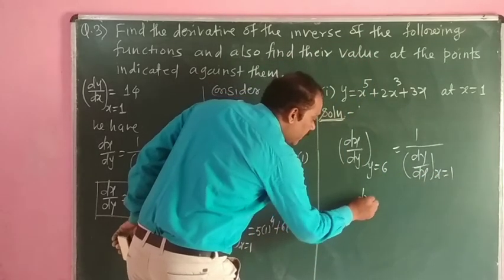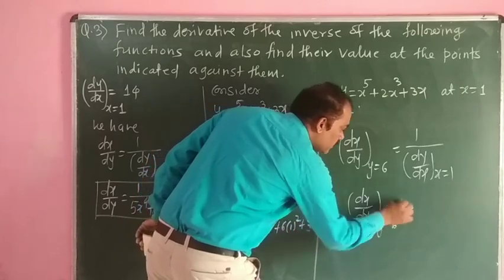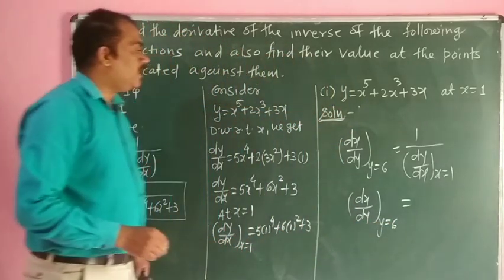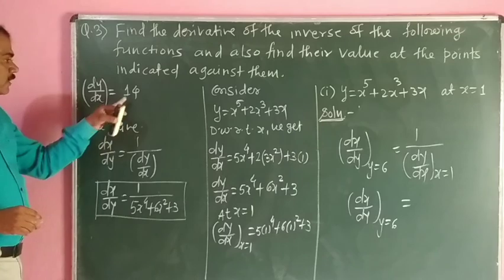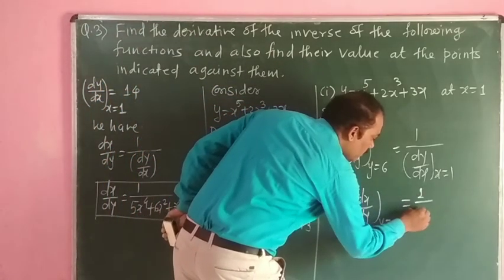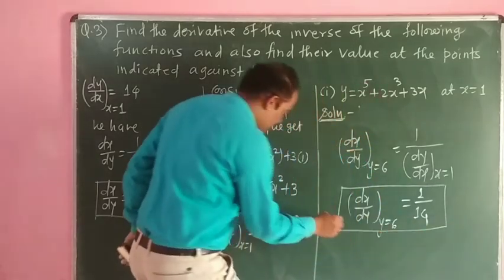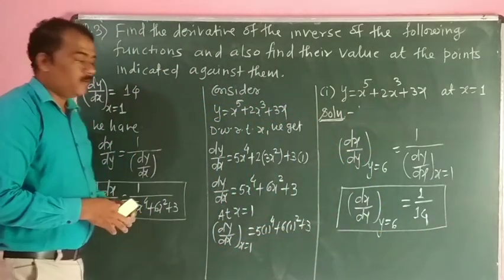That is dx by dy at y is equal to 6 is equal to 1 upon the value of dy by dx at x is equal to 1, which is 14, so we get 1 upon 14. This is the required answer.